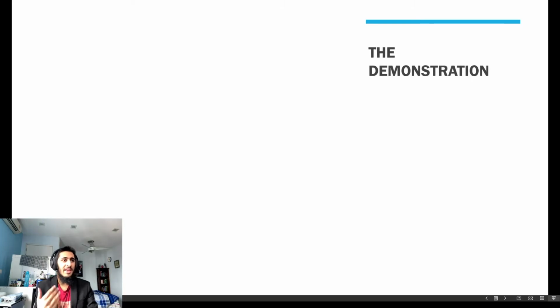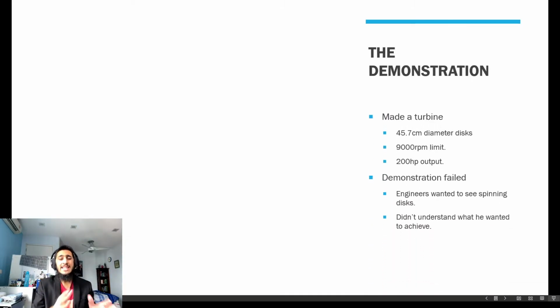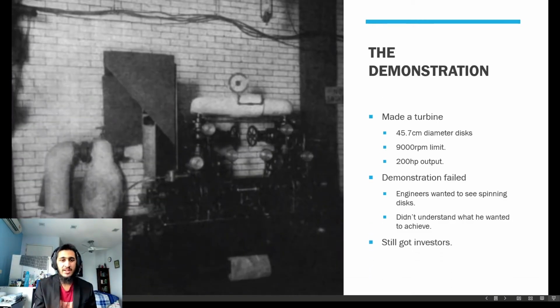So Tesla then chose to demonstrate this to a number of engineers. He completely pushed the limits. Made a turbine which diameter was 45.7 cm with a 9,000 RPM limit. This small contraption was able to produce 200 horsepower output. This wasn't particularly big, as you can see in the image over here.